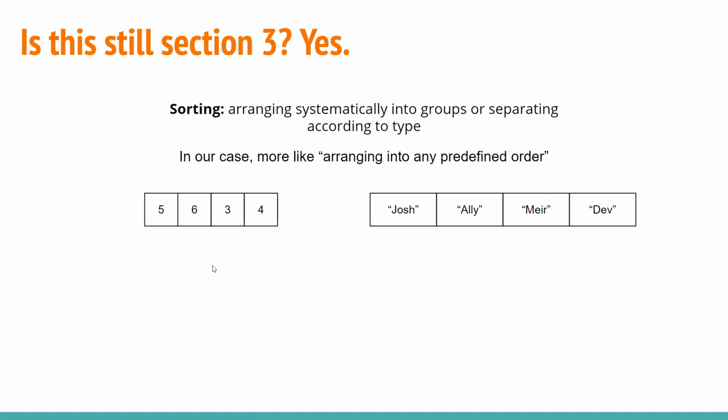So for example, let's say I have this array on the left. We worked with this array a little bit while we converted it into that linked list, if you remember. But let's say I have this array on the left, 5, 6, 3, 4. Sorting this array would mean that I program the computer. I explain to the computer how it can convert that array into 3, 4, 5, 6.